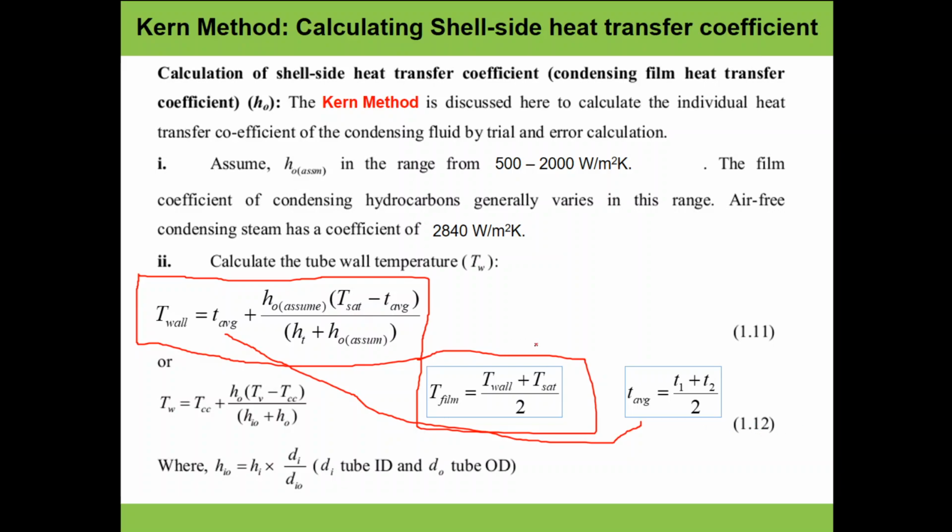This is the procedure for calculating the heat transfer coefficient for the shell side. Once we have both the inside and outside heat transfer coefficients, the rest of the procedure is the same as in the case of the shell and tube heat exchanger, to find the overall heat transfer coefficient and then the heat transfer, etc.